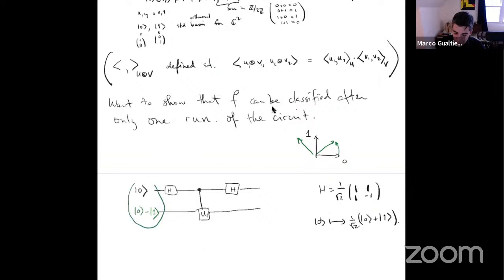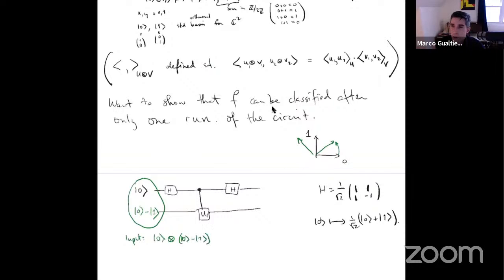This will be our input, fixed input. Okay, and then this is going to traverse the circuit, and we're going to get a unitary transformation. Oh, I'm sorry, let me make it even more clear. When I say this is the input, what I really mean is that the input is 0 tensor 0 -1.